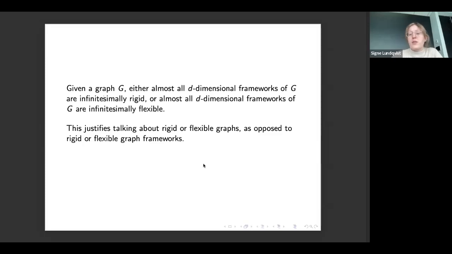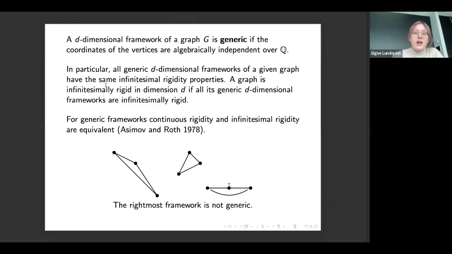So this justifies talking about rigidity and flexibility as a combinatorial property of the graph, rather than about the specific frameworks you're looking at. And even more precisely, a d-dimensional framework of a graph is generic if the coordinates of the vertices are algebraically independent over the rationals. And in particular, all generic d-dimensional frameworks of a given graph will have the same infinitesimal rigidity properties. So they will either all be infinitesimally rigid or infinitesimally flexible.